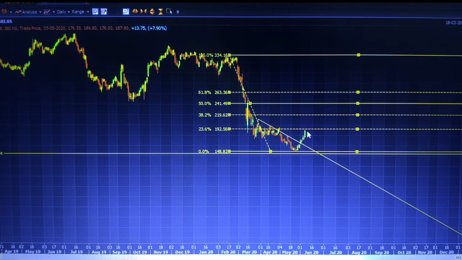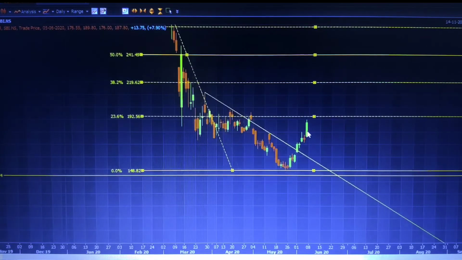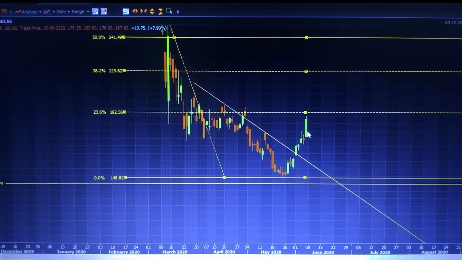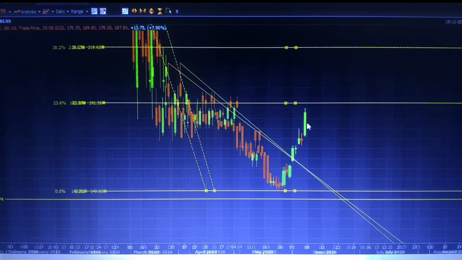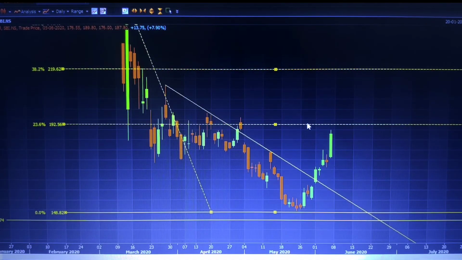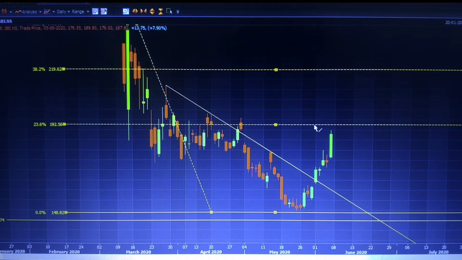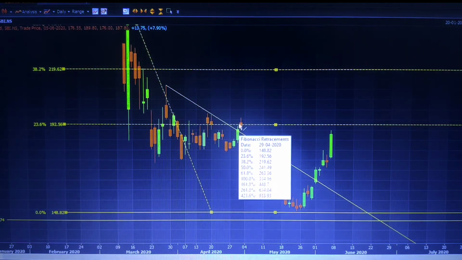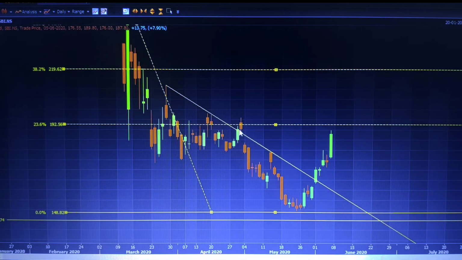Then we can identify that around 192 to 193 it is showing a retracement. It's the first resistance level, 192 to 193. Also, with the previous candle high, if you check, this previous high is coming almost close to this level.